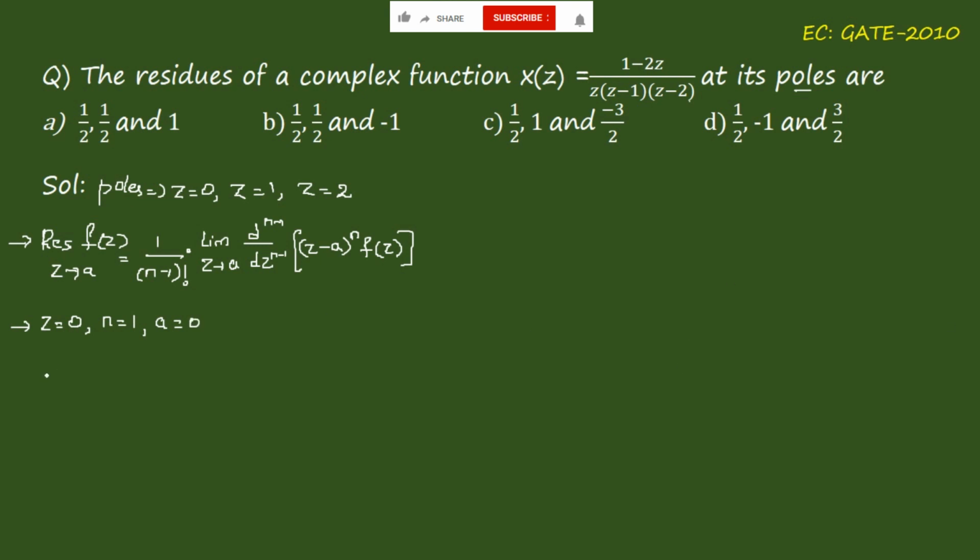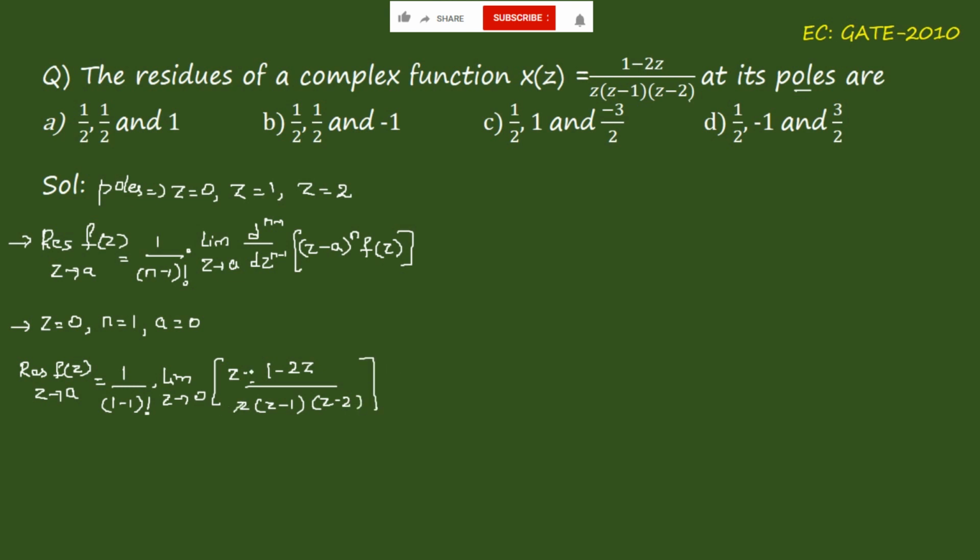So we substitute it, which does nothing but give the residue of f of z for z tends to 0, which is equal to 1 by 1 minus 1 factorial into limit z tends to 0. Now 1 minus 1 becomes 0, so there is no differentiation, so it becomes z into 1 minus 2z by z into z minus 1 into z minus 2, right.